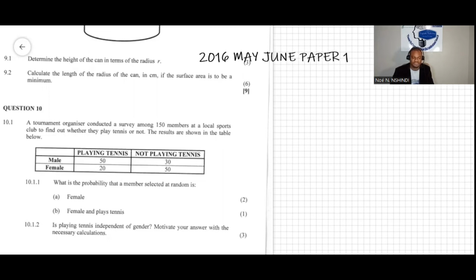Now, male 50 for playing tennis. Now, question 10.1.1 says, what is the probability that a member selected at random is a female? Okay, we can look at the question here.